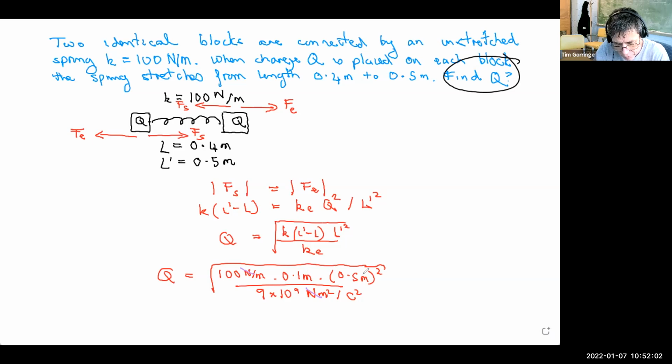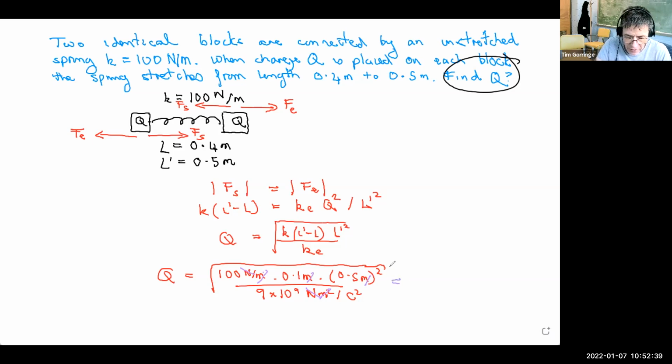So there's meters squared in the numerator. They cancel with the meter squared in the denominator. And all we're left with is the units of coulombs. And that's the units of charge. So that makes a lot of sense. Actually, here we've got the square root of 1 over Coulomb squared, which is the square root of Coulomb squared, which is a Coulomb. And so that's the correct units.